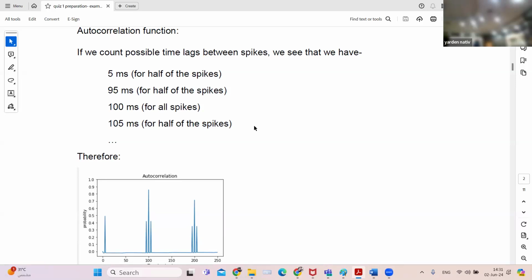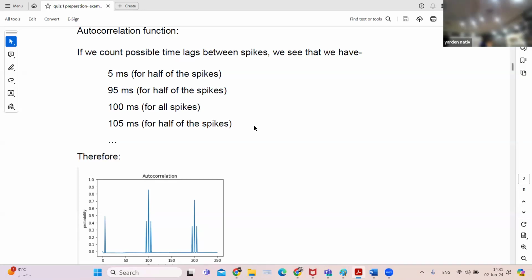Okay. Now, the next thing that Austin just asked me is how do you calculate the firing rate? I will do it as the following. If I have 2 spikes every 100 milliseconds, then how many spikes do I have in 1 second?